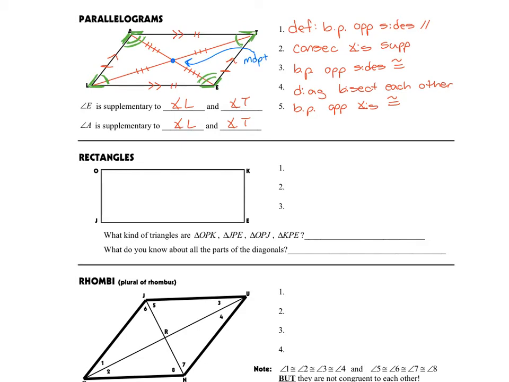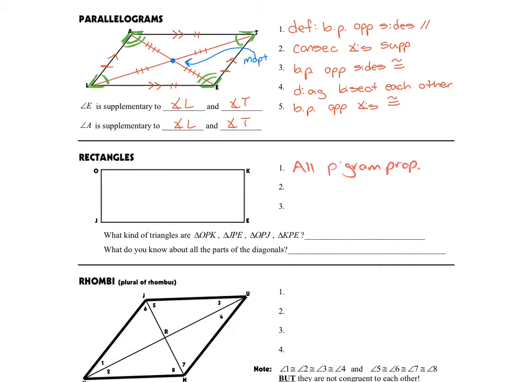That definition alone is going to give us our first two major properties. So for the rectangle, since it is a parallelogram, it is automatically going to have all the parallelogram properties. Now, my video display actually still shows those 5 parallelogram properties up above.